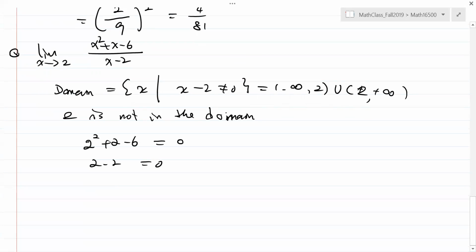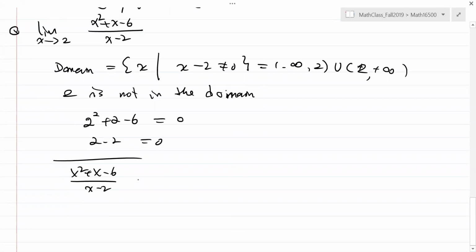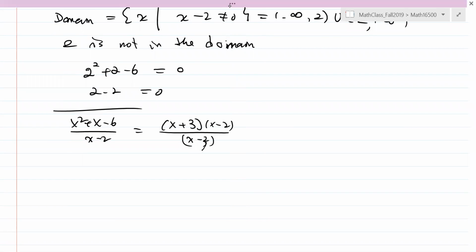What I'm going to do is simplify this expression. The numerator is going to be x plus 3 times x minus 2. After you factor the polynomial in the numerator, you see x minus 2 is cancelled out.